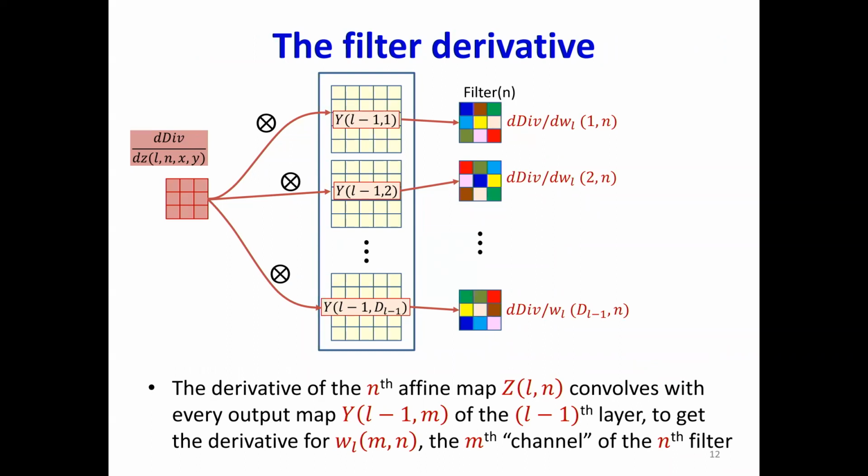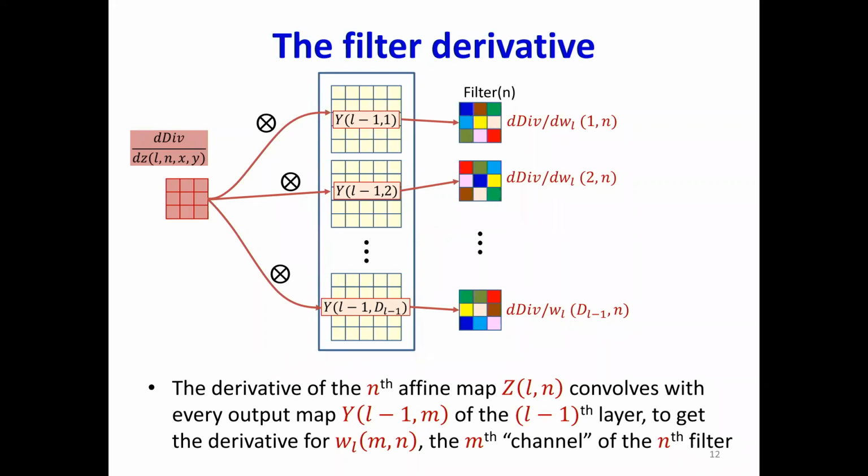If you look at how, say, the nth output channel relates to the mth input channel, that's computed using the mth channel of the nth filter. So any single channel of any single filter only relates one output channel to one input channel, right?